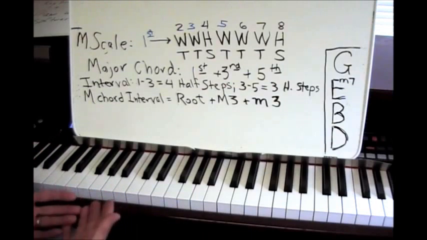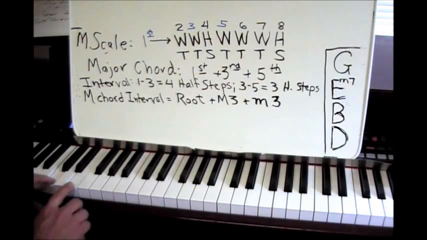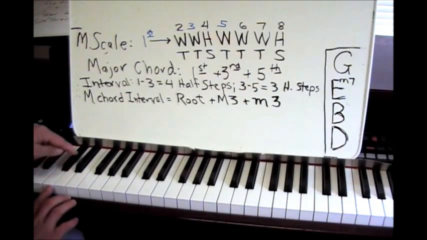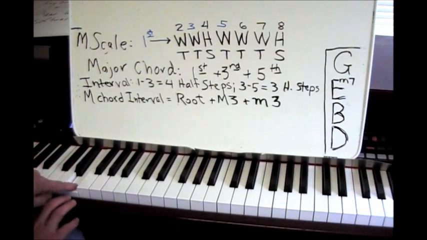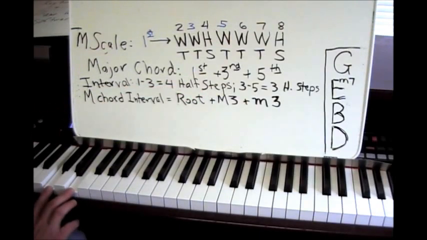I'll show you the example on the keyboard here. If we start on C and we go up to the third note of the scale, it's E. Now if we count the number of half steps from C to E, it's 1, 2, 3, 4. So the interval between 1 and 3 in a major scale is 4 half steps.